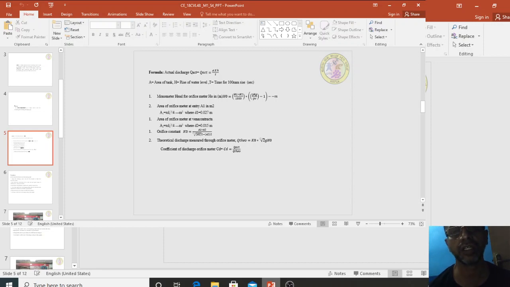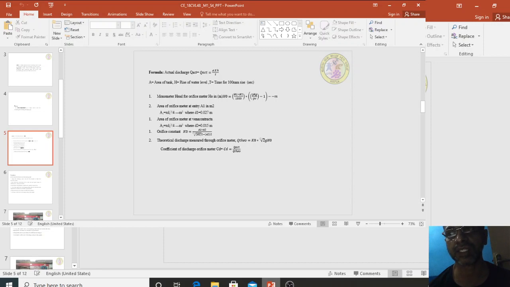Coming to the determination of actual discharge, Q actual is given by A into H divided by T. What is meant by A? Area of the collecting tank, L into B. H means the rise of water level in the tank for a given time interval, or for a constant rise of water in that measuring tank, how much time it takes, that we have to record.